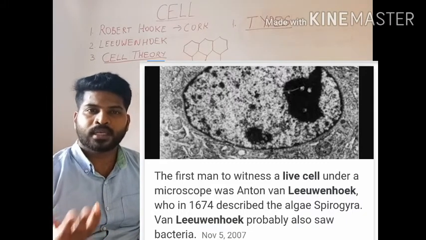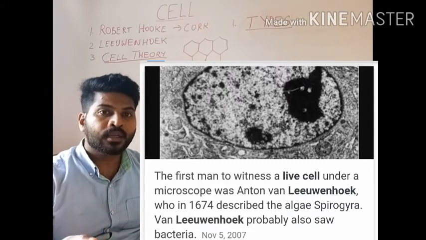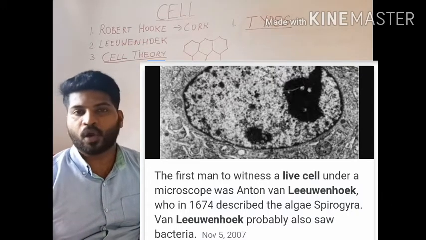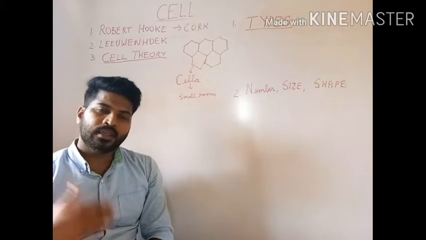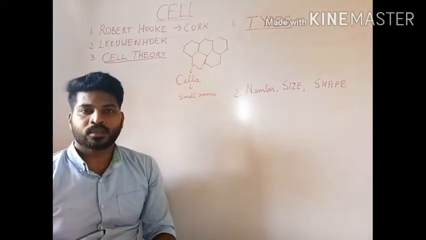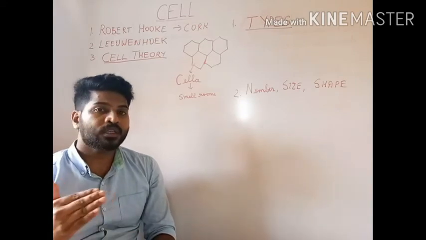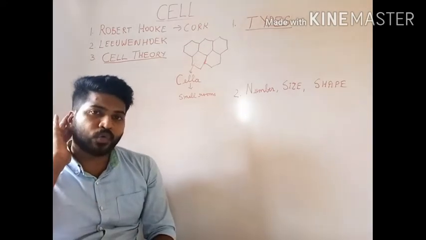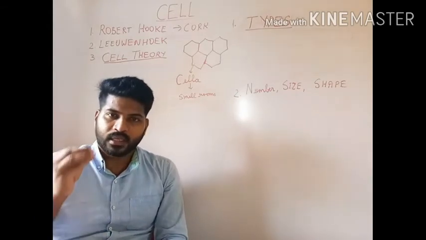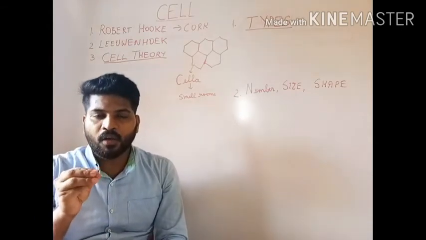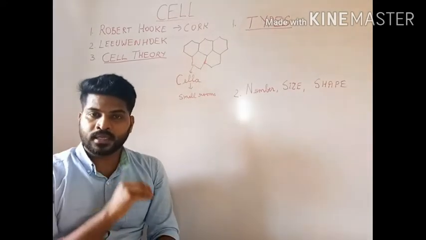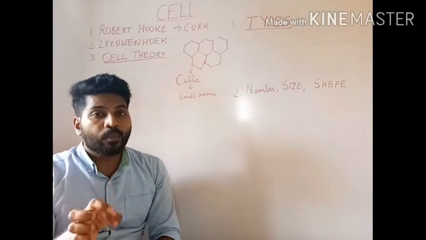This drop of water basically contained some bacteria and protozoa, which we know are living organisms. As years passed, with the development of more and more advanced microscopes, the magnification increased, and now we have electron microscopes wherein we can see each and every detail of the cell. What is the cell made up of, what is present inside the cell, and what are these components made up of.